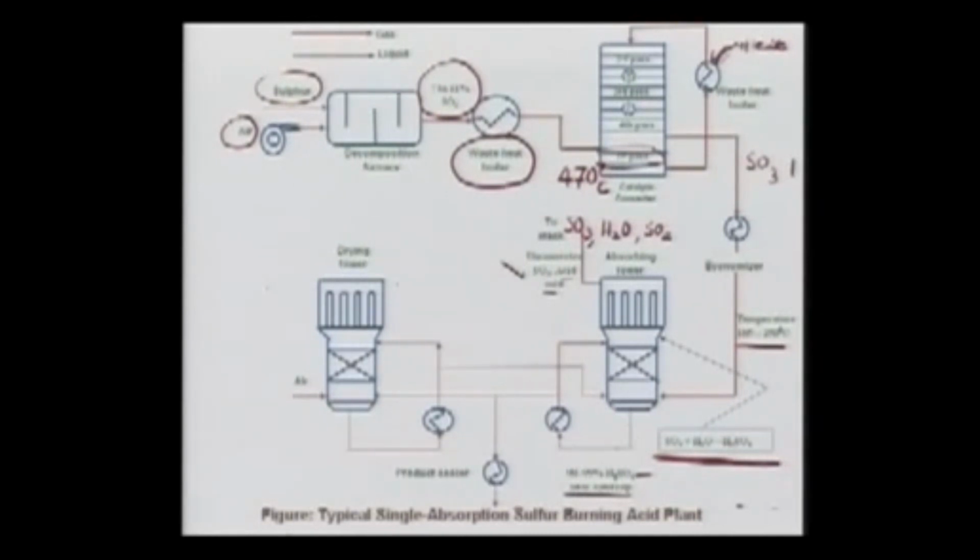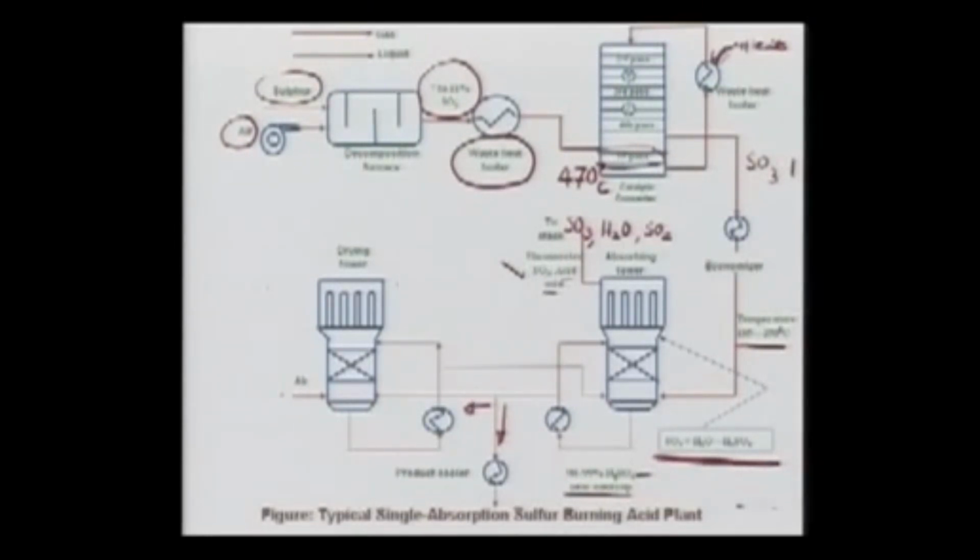As you use this sulfuric acid, it gets concentrated because it is dissolving more SO3 and reacting, forming sulfuric acid. Once you get the required strength of sulfuric acid, it is taken out, and one stream can go as a product. Some portion of it is taken to the air drying towers.